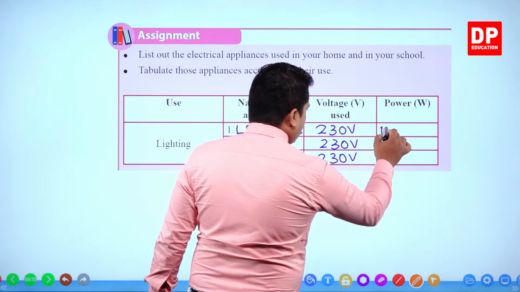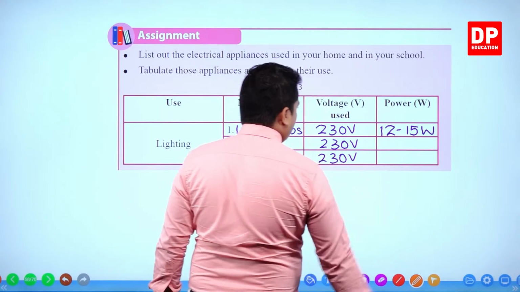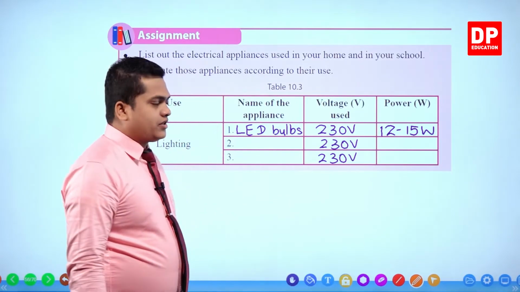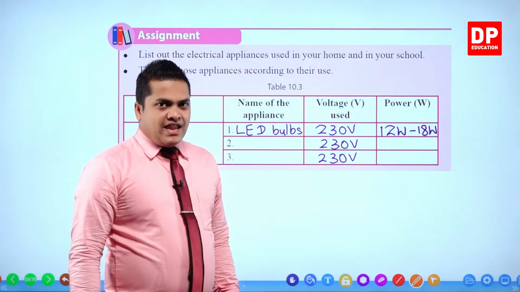So I'll mention as 12 watt to 15 watt. That's the usual one. As we are using 18 watts in some cases, I'll mention 18. Right? 12 watts to 18 watts.